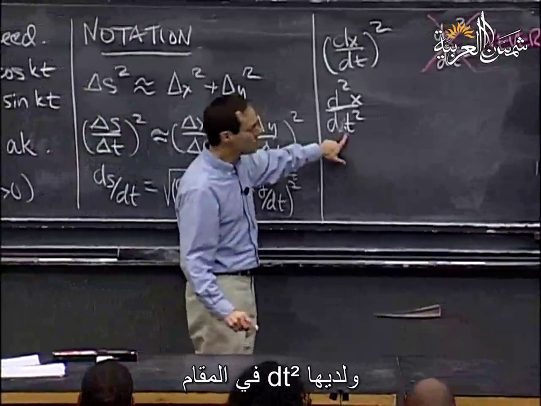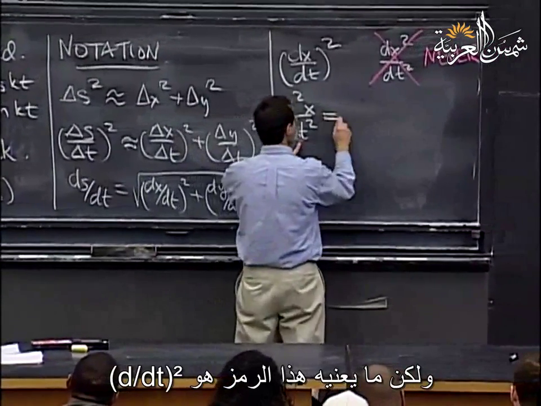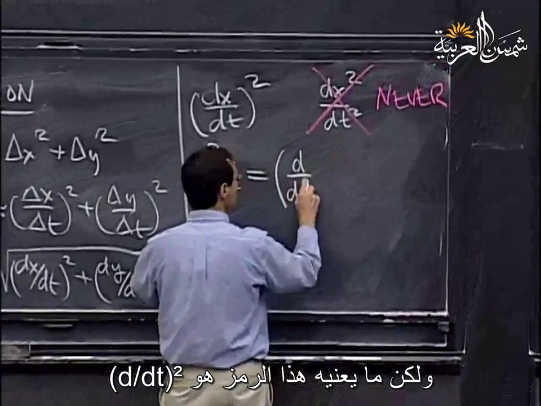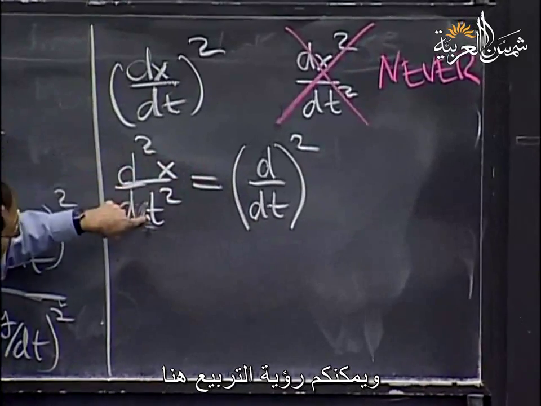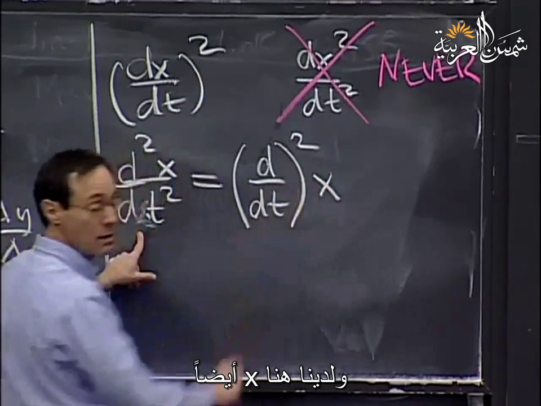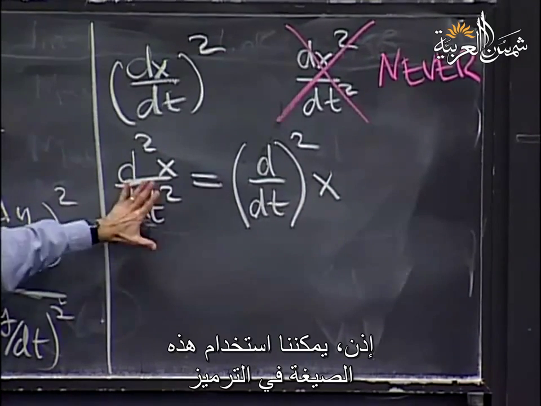And it's got a dt squared in the denominator, so it looks rather similar. But what this represents is the quantity d over dt squared. And you can see the squares came in and squared the two expressions. And then there's also an x over here. All right? So that's legal.